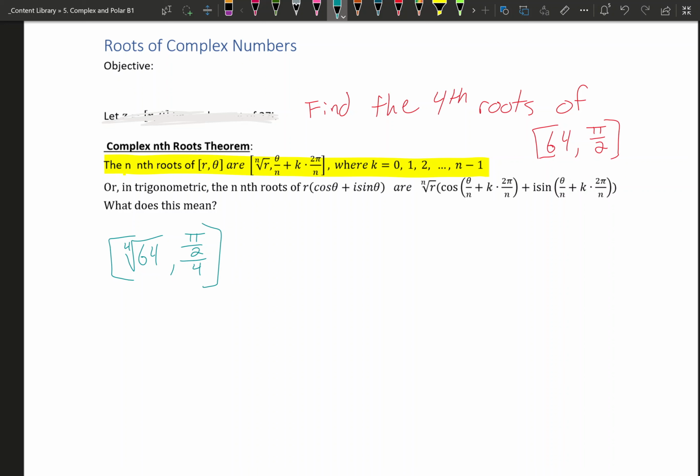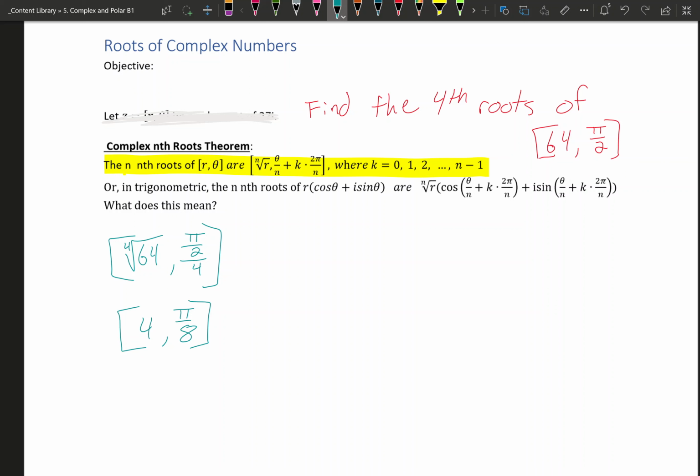We take the nth root or divide by n instead of raising to the nth power and multiplying by n. Fourth root of 64 is 4. Pi over 2 divided by 4 is pi over 8. Great. We've found the root.